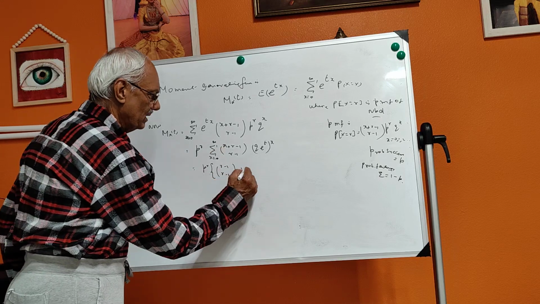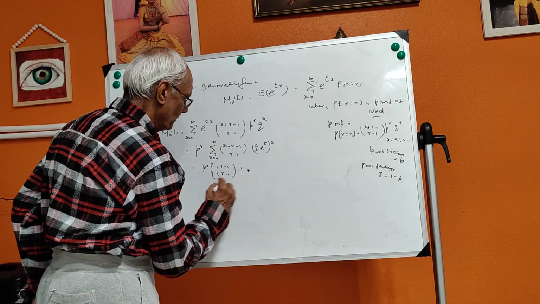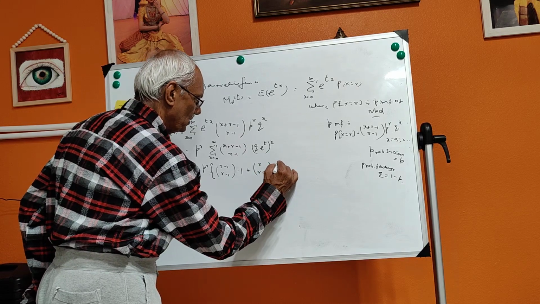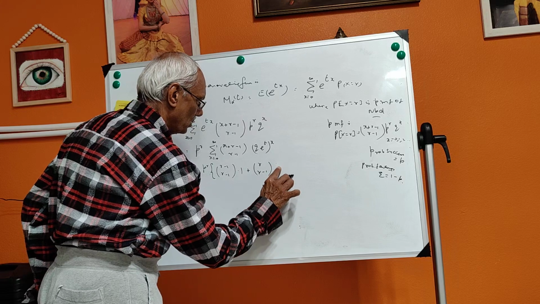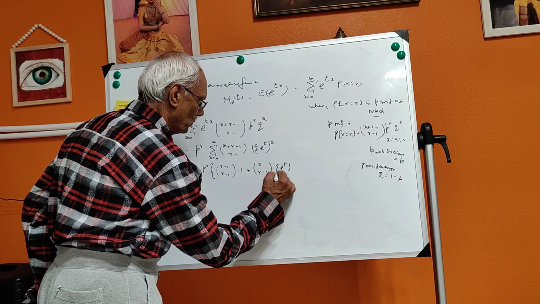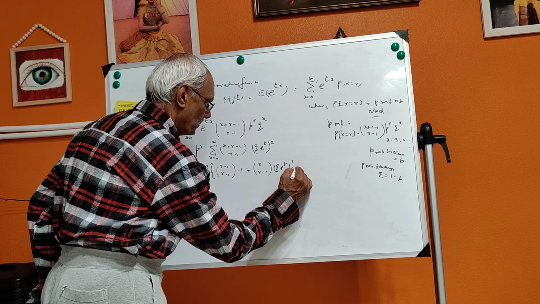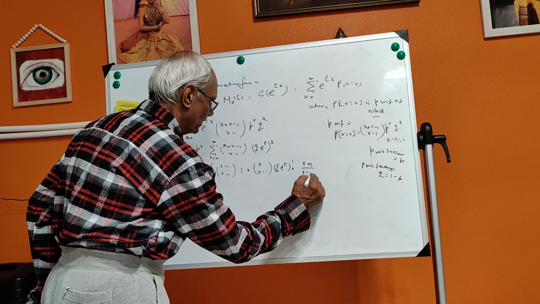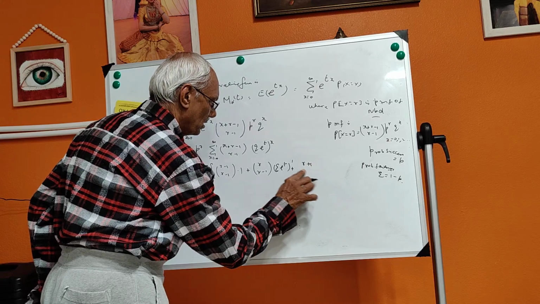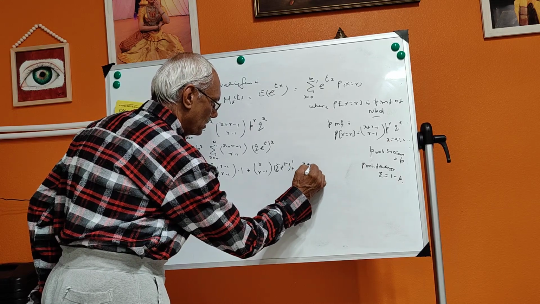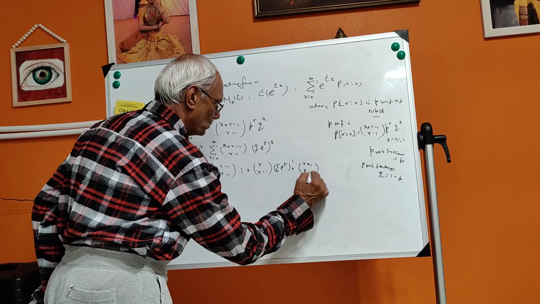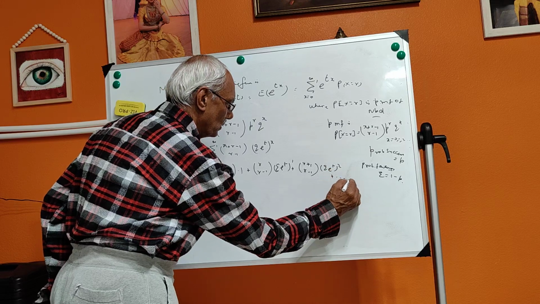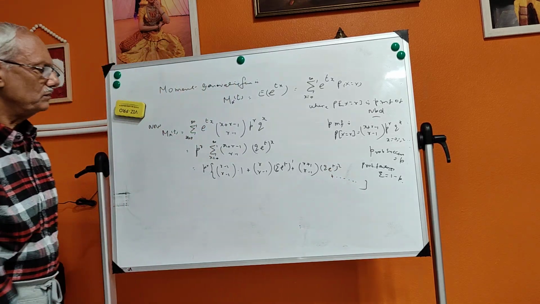Then plus, put x is equal to 1, so you get (r choose r - 1) into q e to the power of t, plus (r + 1 choose r - 1) into (q e to the power of t) whole square, plus dot dot dot, it goes on like this.